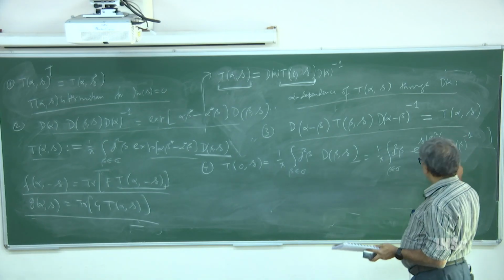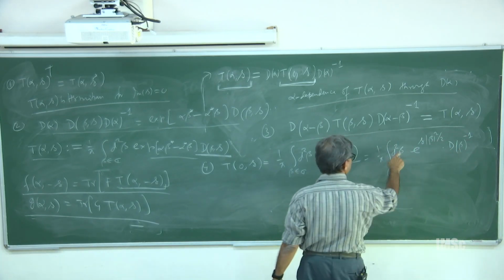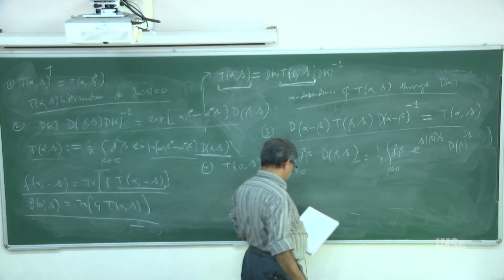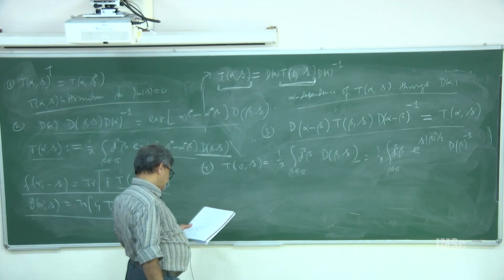So, this will be basically minus beta, but on integration minus beta plus beta does not make sense.